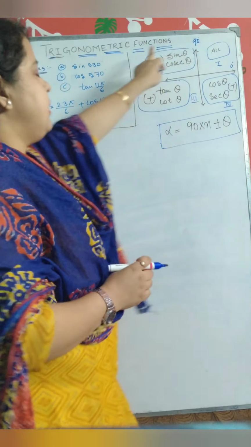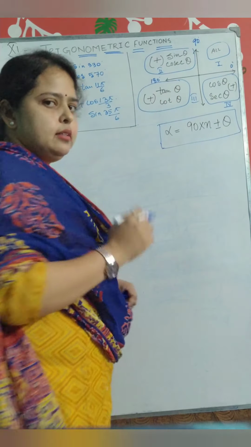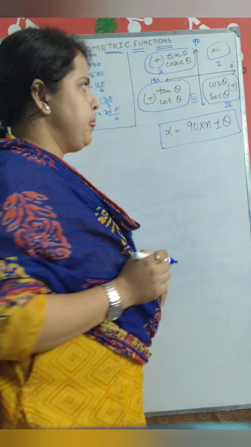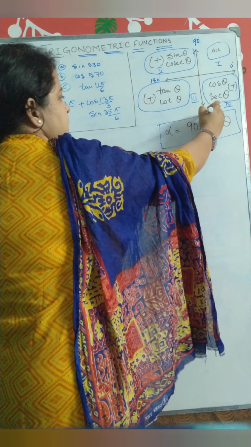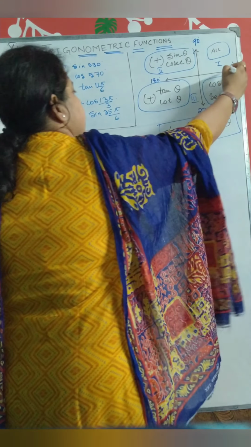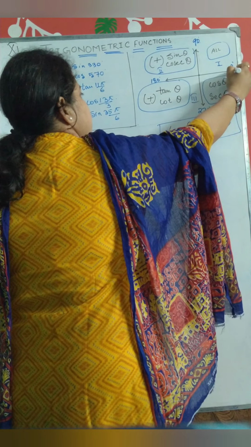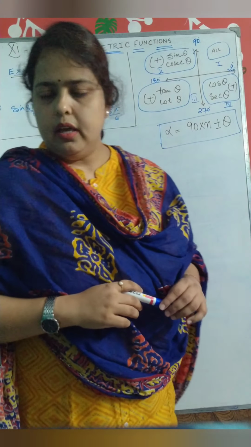So from 90 degree, we are in the second quadrant till 180 degree. Then we are again moving from 180 degree plus 90, that is 270 degree, and from 270 degree onwards we are again coming back to 360 degree. But is this the last angle? Never.